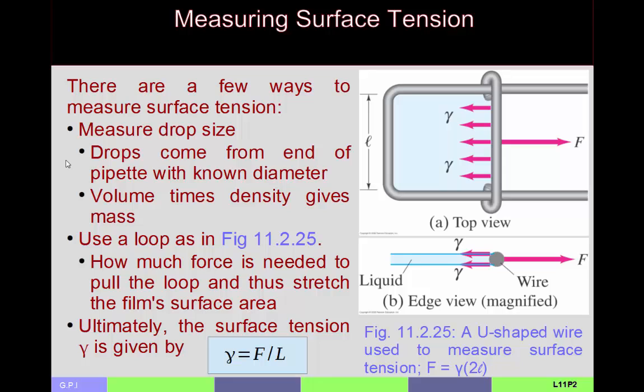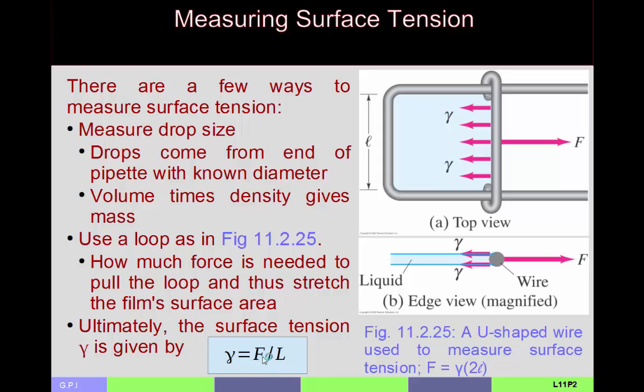The volume times the density gives you the mass. Basically, if you know what the length is, the surface tension is usually given by force divided by length. So if you know what the diameter is, you know what the circumference is, that's your length term. You know what the weight is, that's your force term.